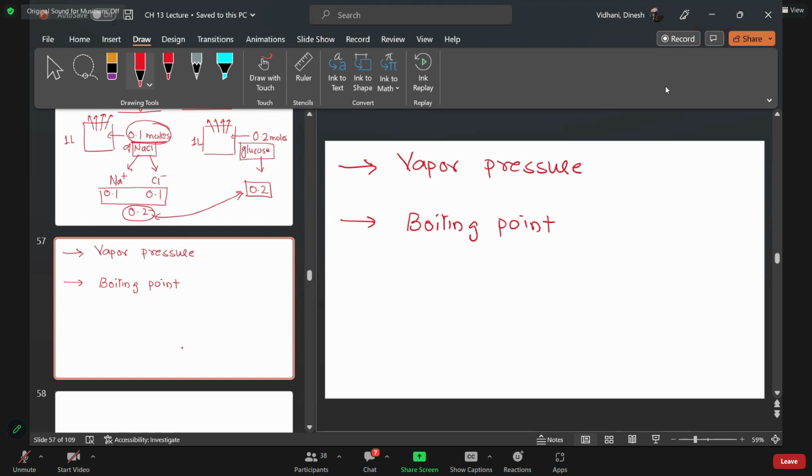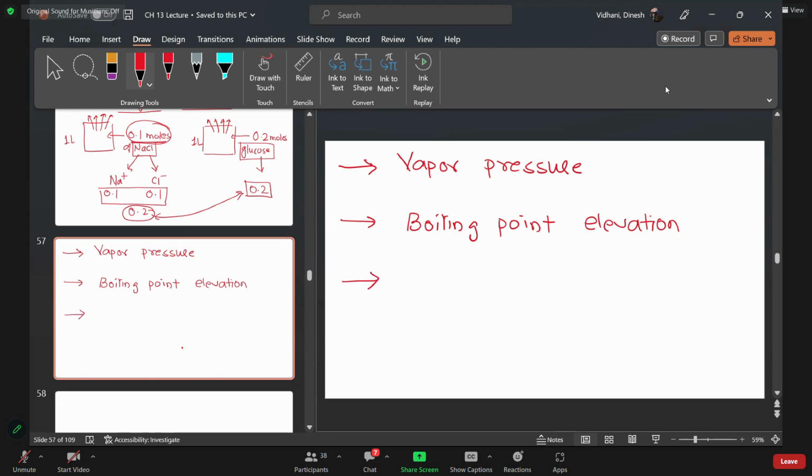Now, when you add a solute in the pure solvent, you make a solution, and the boiling point will increase. Now, there is a reason for that. I'm going to explain that. So, boiling point elevation is directly connected to the colligative properties.